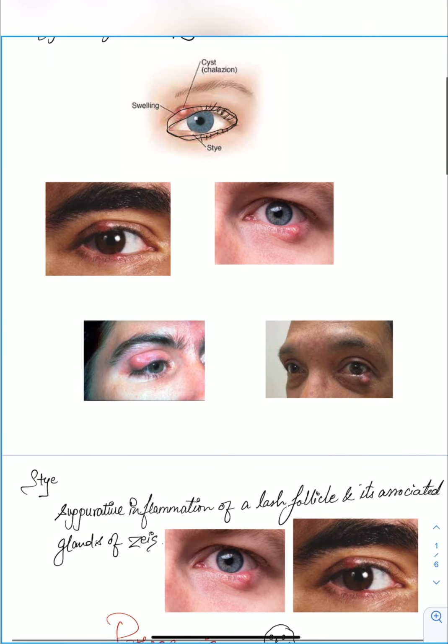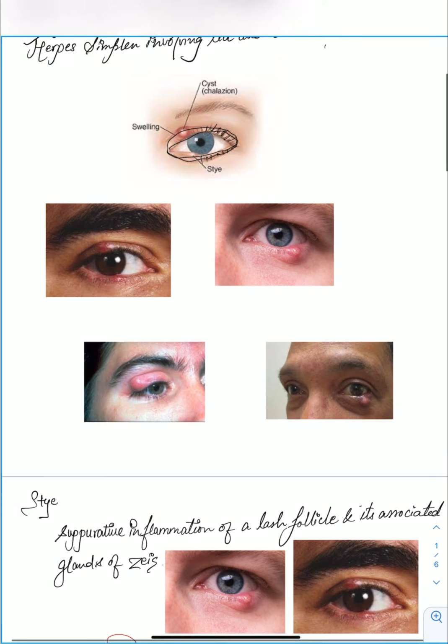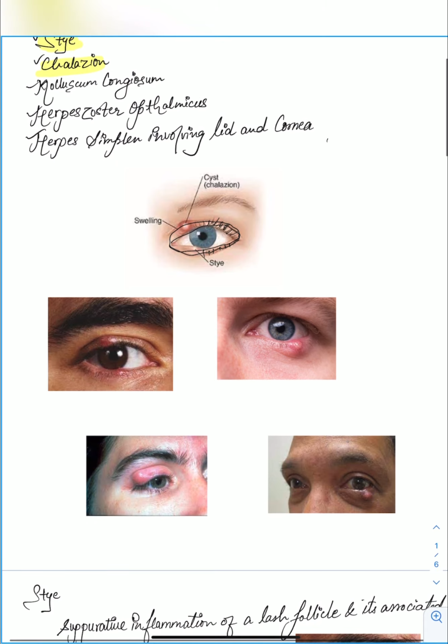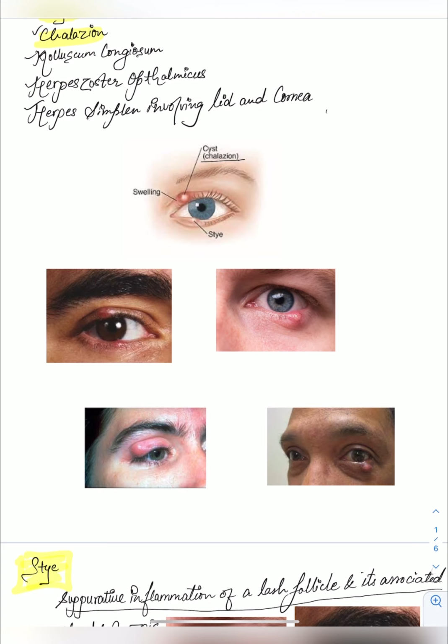First of all, I know you people are not that well known about the Stye and Chalazion, so I am going to show you some images. In the first image, here we have shown Stye, and here we have shown Chalazion. In the second image, there is a red bump near the eyelid margin or eyelash.